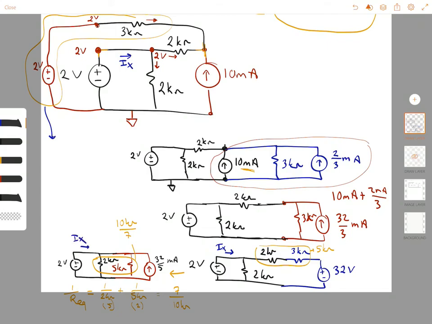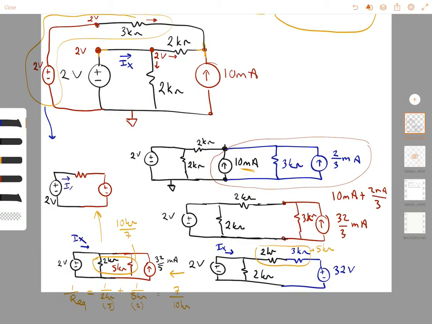This Ix. We go back to a voltage supply and a series resistor. One more time. One last time, hopefully. We have a situation like this.